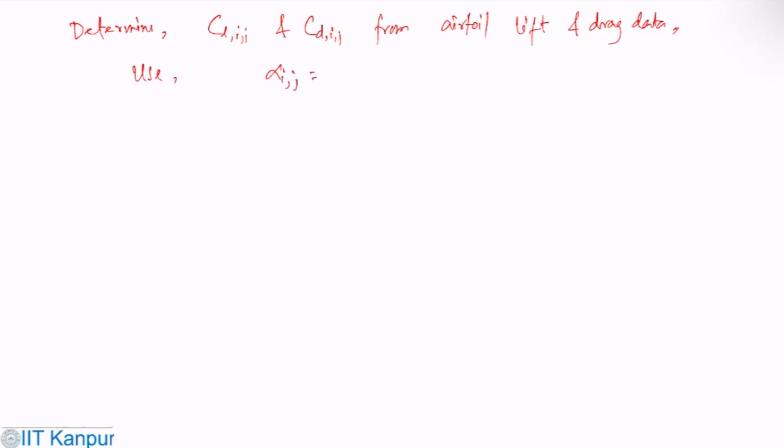So we can determine CL ij and CD ij from airfoil lift and drag data, where we can use alpha ij equals phi ij minus theta p ij, which is essentially the angle of attack from the flow angle and the pitch angle.